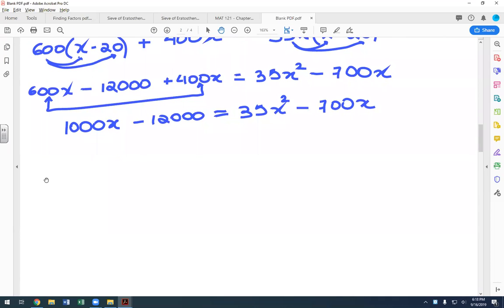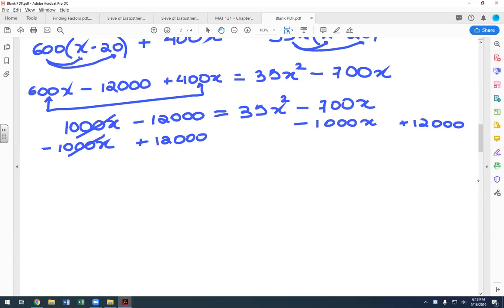So we'll start by subtracting the 1000x. These guys will cancel out. We can add our 12,000. Those will cancel out, giving us 0 equals 35x squared.